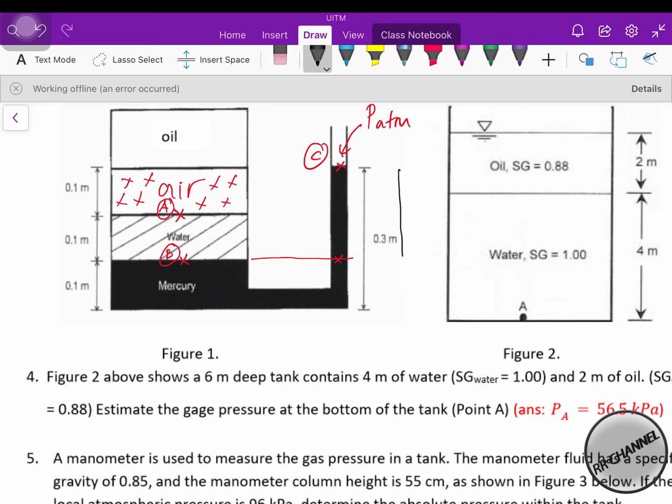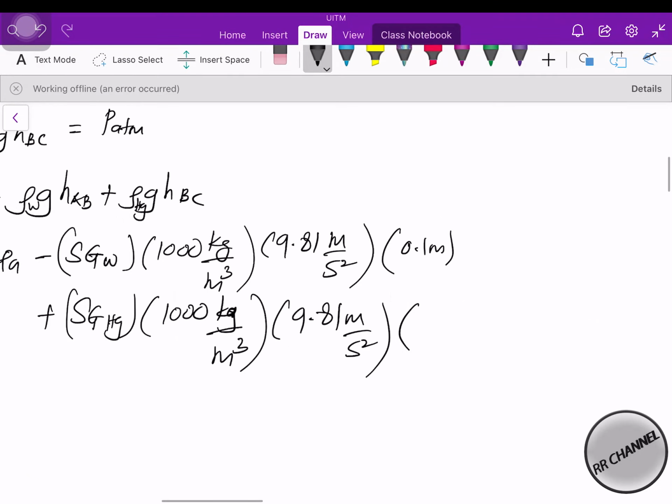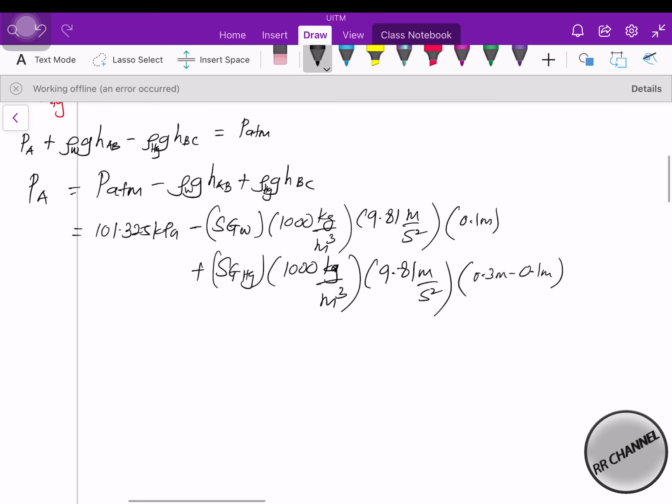This is the total length. You need to minus 0.1 here, 0.3 minus 0.1, so this is the distance of h AB.